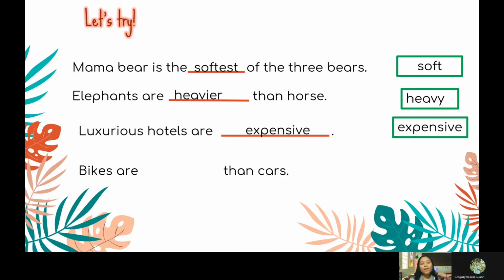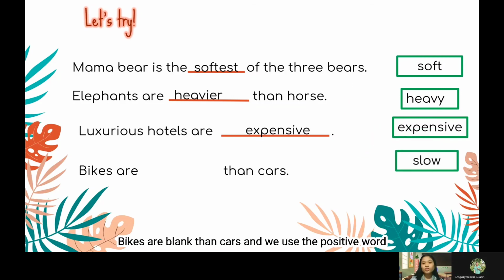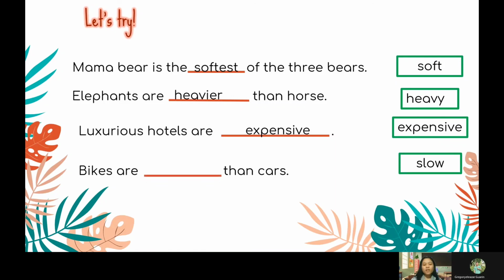Lastly, bikes are blank than cars, and we use the positive word slow. Bikes are blank than cars. So it is comparative. So we will add er to our positive word, which is comparative. Then slow now becomes slower.